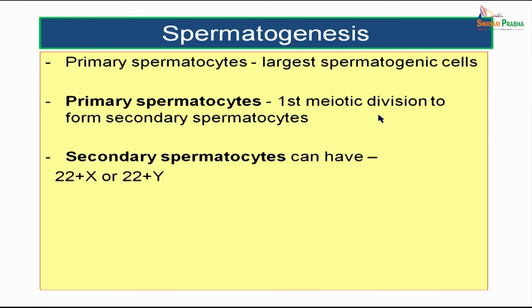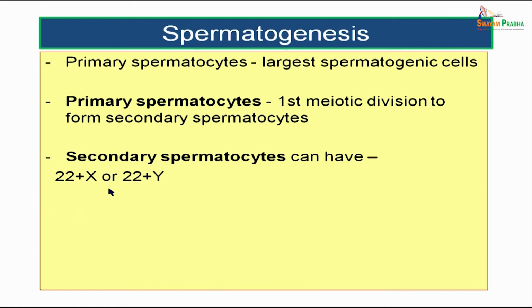The secondary spermatocytes can have two options because the diploid number is 44 XY. If it is divided into 2, the X and Y will go with 22 as two options, that is 22 plus X or 22 plus Y. So, this determines the sex of the fetus.